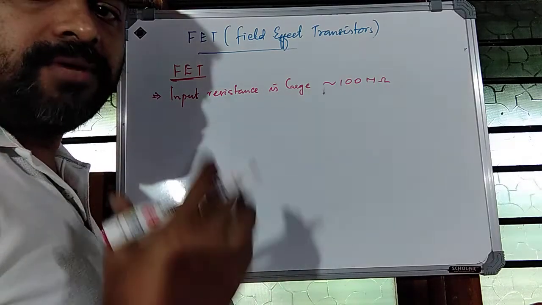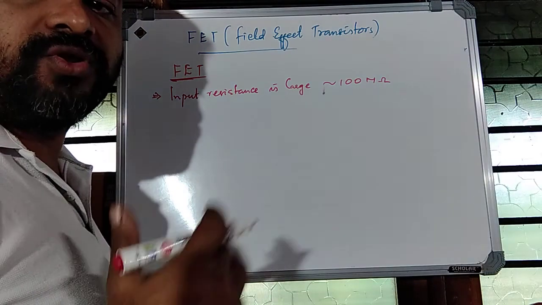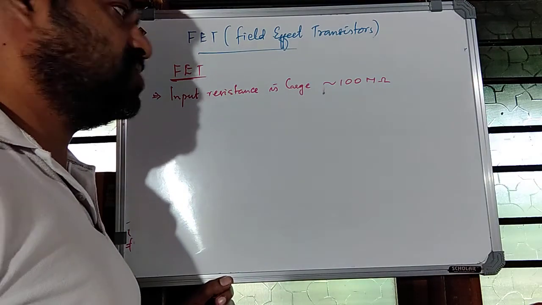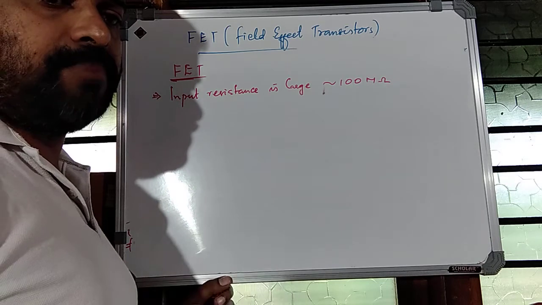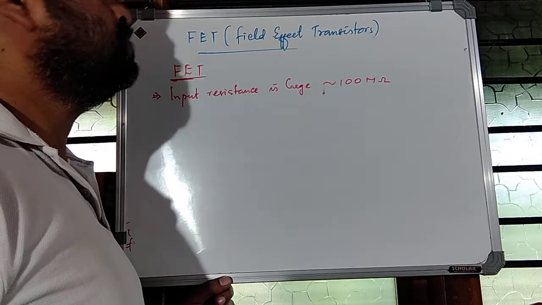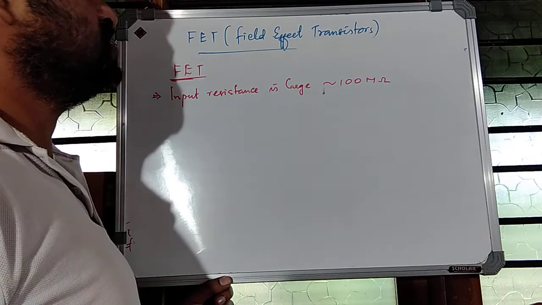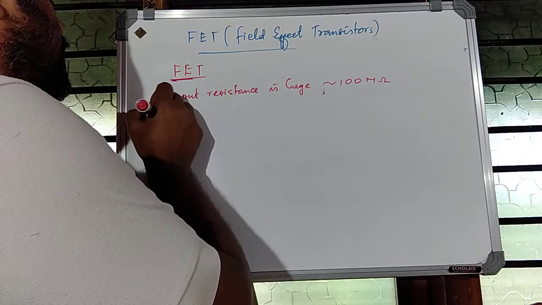Current flowing through a reverse biased PN junction is very small even if we apply this voltage. So resistance is very large.